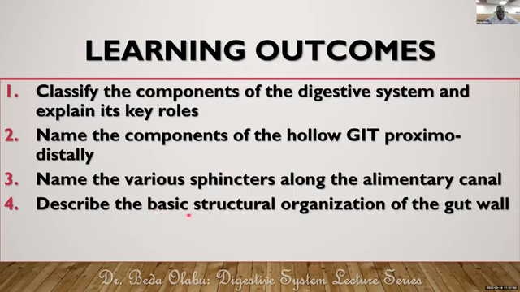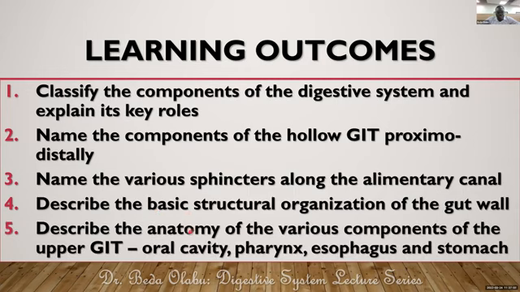And then we'll focus on the anatomy of the various components of the upper GIT. We'll focus on the oral cavity, pharynx, esophagus, and the stomach. When you talk of upper GIT, it may include the duodenum as part of the upper GIT. But in this session, we are not going to look at the duodenum. I'll prefer talking about duodenum together with the intestines. And so we'll just end it at the level of the stomach.